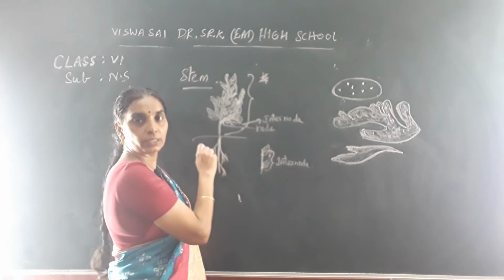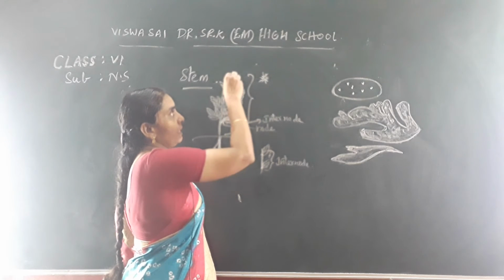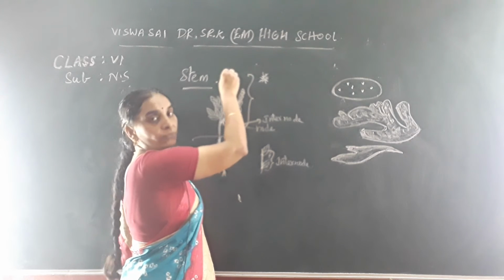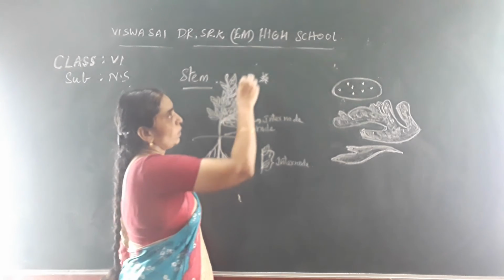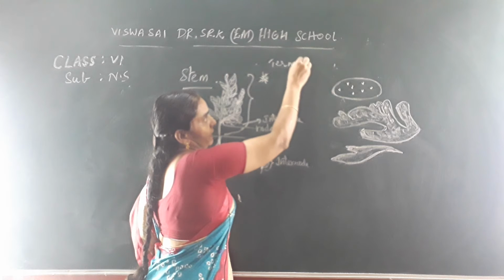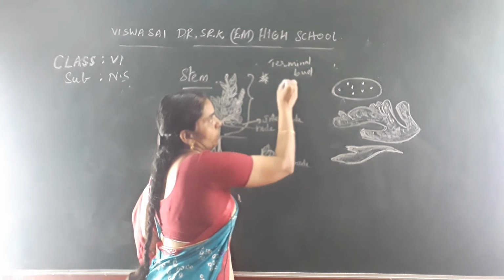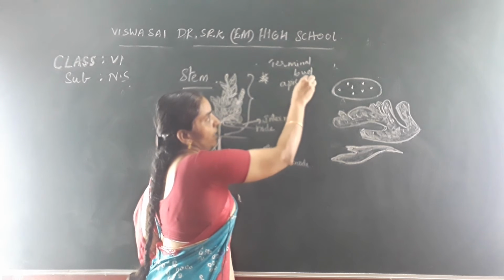There will be buds over the stem. The bud arising at the tip of the stem is called a terminal bud or apical bud.